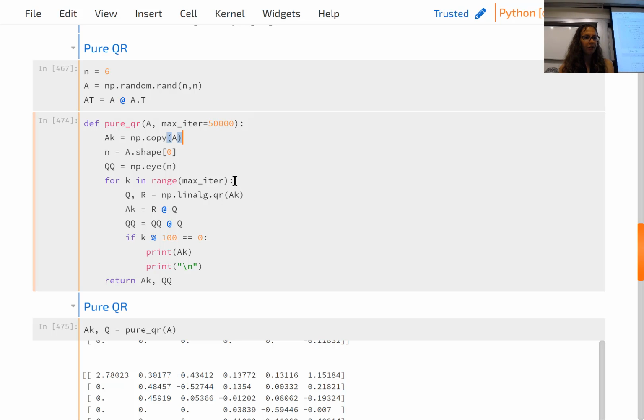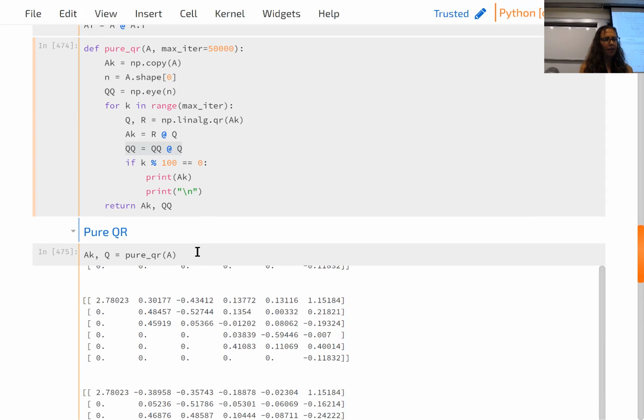I initialize Q to be the identity, and then I get the QR factorization just using NumPy's implementation, get back Q and R, set A_k equal to R times Q, so I've flipped the order. And then I'm keeping a running total of what happens each time you multiply the Q's by each other. At the end, I'm returning A_k and the accumulated Q.